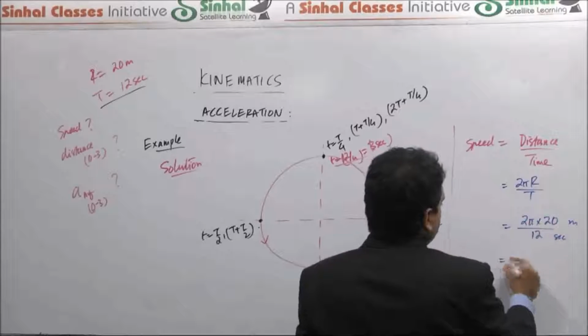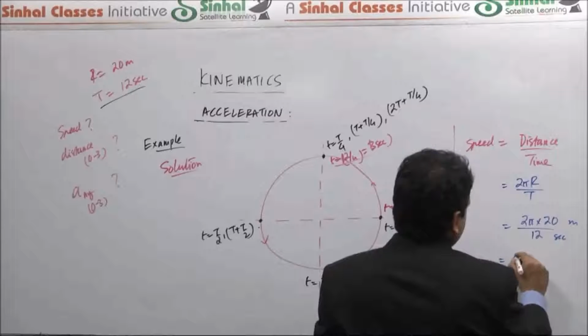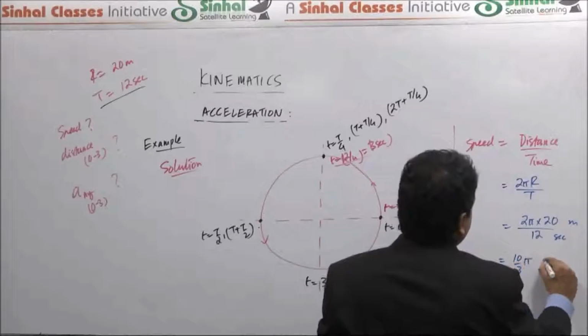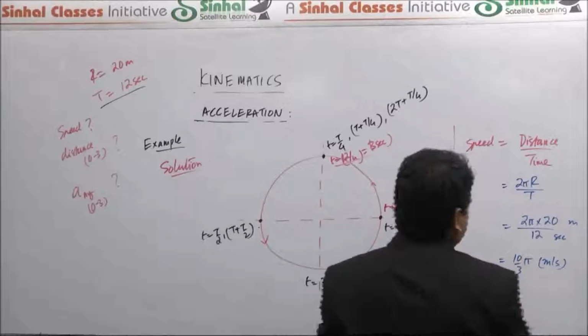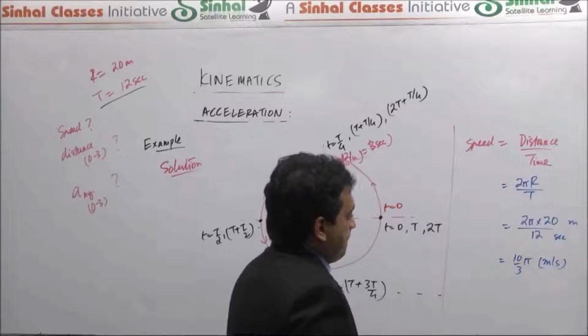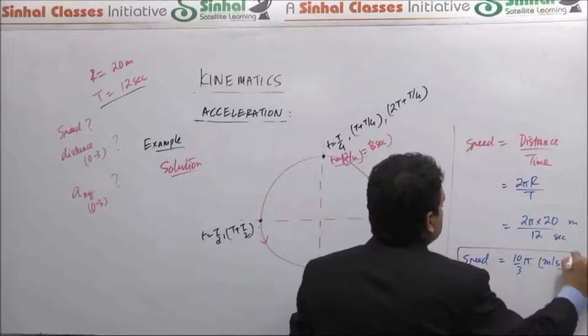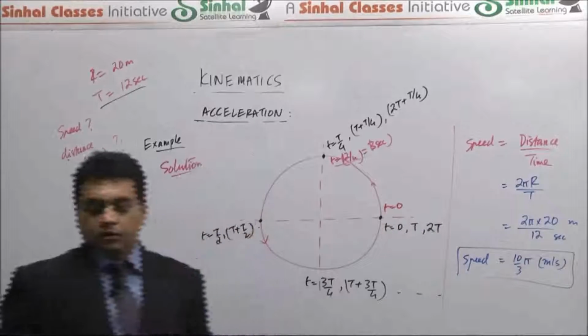Okay. So that would be 10 by 3 pi meters per second, right? So that would be the uniform speed of the circular motion.